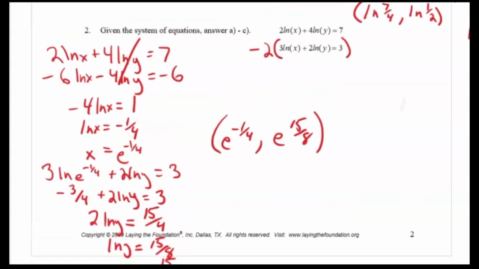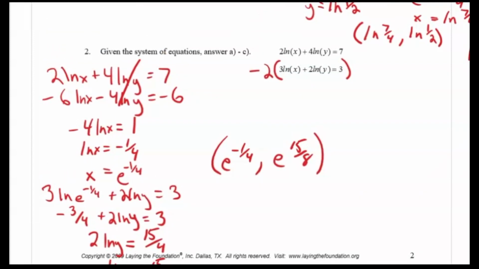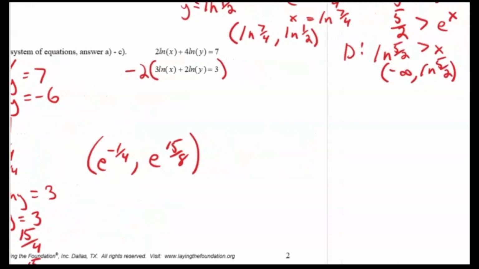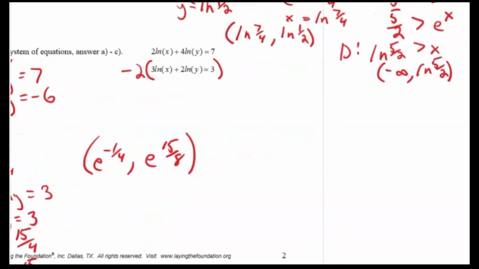Now, if you want to solve one of these for y, let's just pick one. Let's say we solve the second one for y. So let's start off with what it has, which is 3 ln of x plus 2 ln of y equals 3.